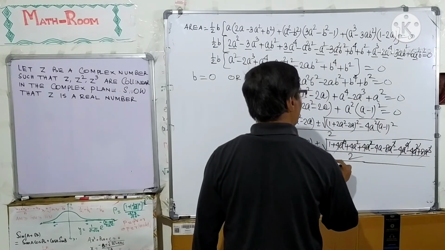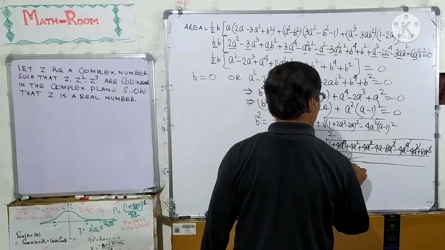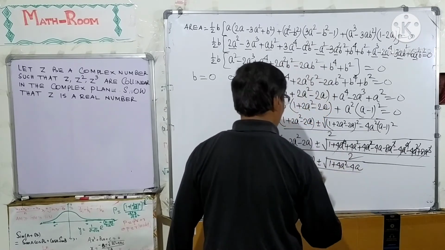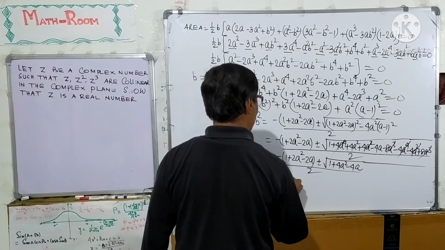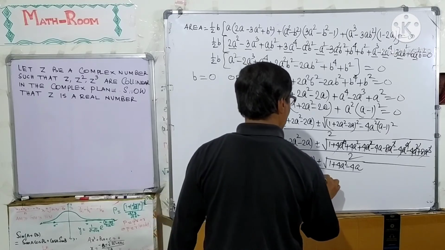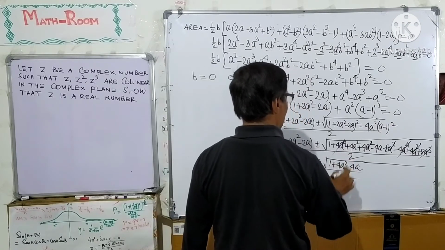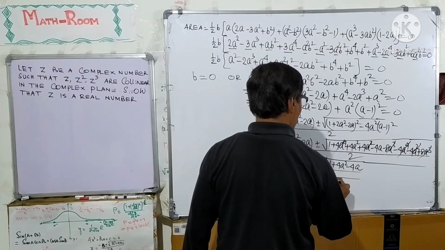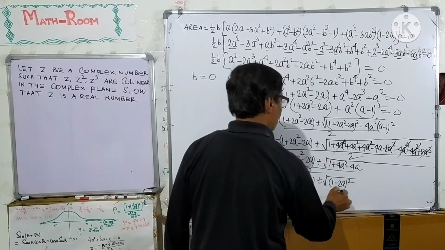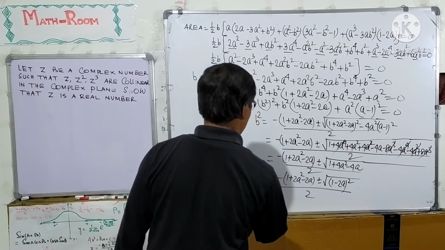Only we have 1 plus 4a square minus 4a over 2. This is equal to minus 1 plus 2a square minus 2a plus minus, this is a whole square, perfect square. This perfect square is 1 minus 2a whole square over 2. This is b square equal to this.